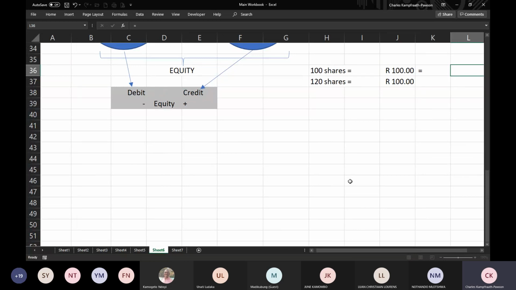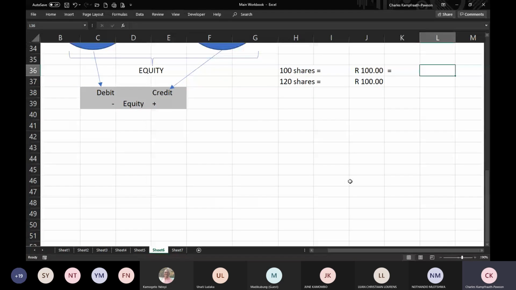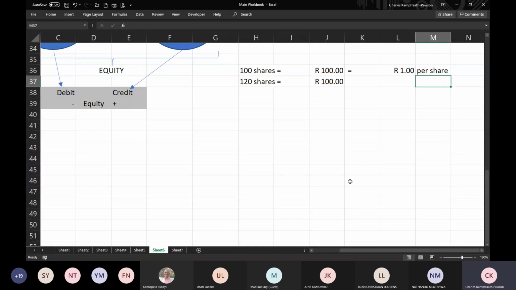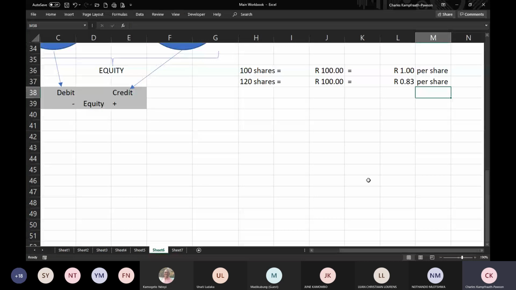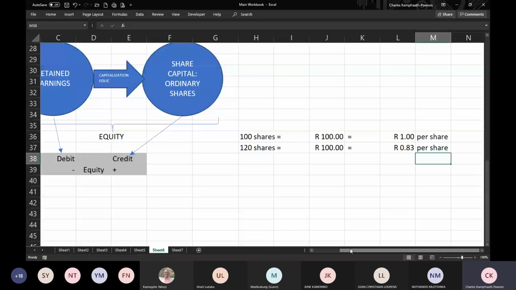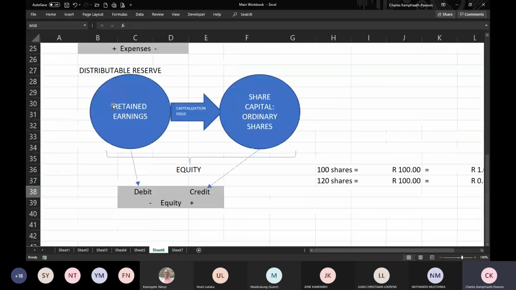That will equal per share. And if I don't do that, you guys see what's happening to each share. I'm losing value. So obviously, if I do a capitalization issue, this movement needs to happen.